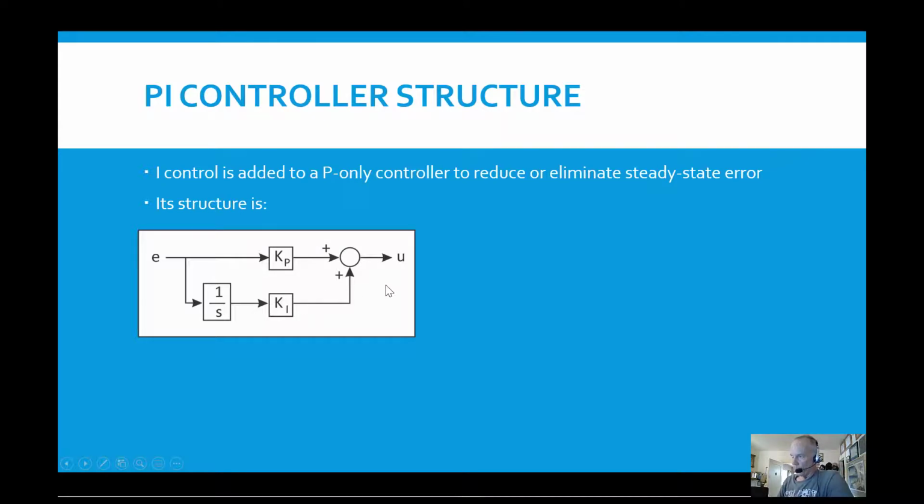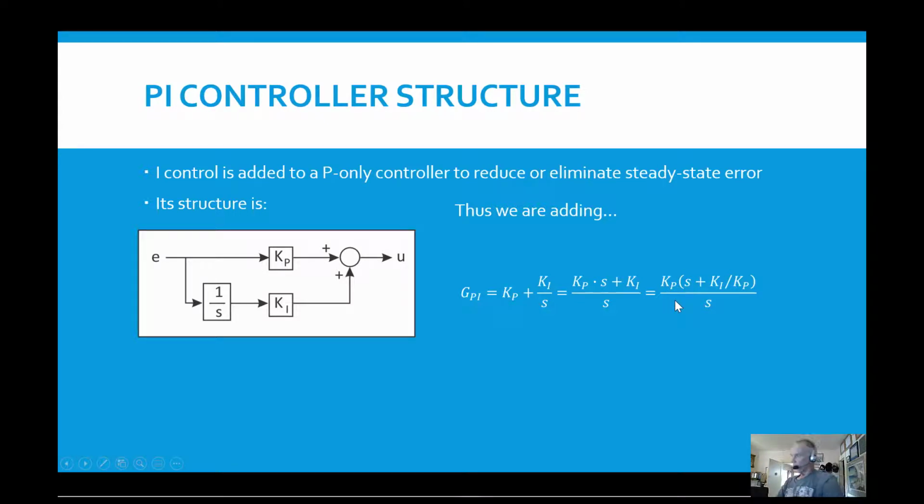Now if we look at the transfer function for this whole thing, notice what I've done is I've added the proportional part and the integral part. The integral part, since these are in series, is just Ki times 1 over S, which produces Ki over S. Then with a little fraction algebra, I get a transfer function like this, and I can manipulate it a little more and pull a gain out.